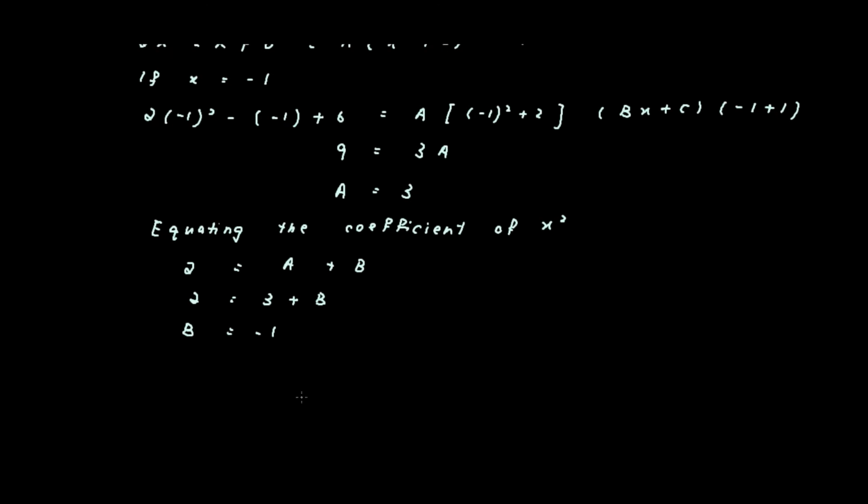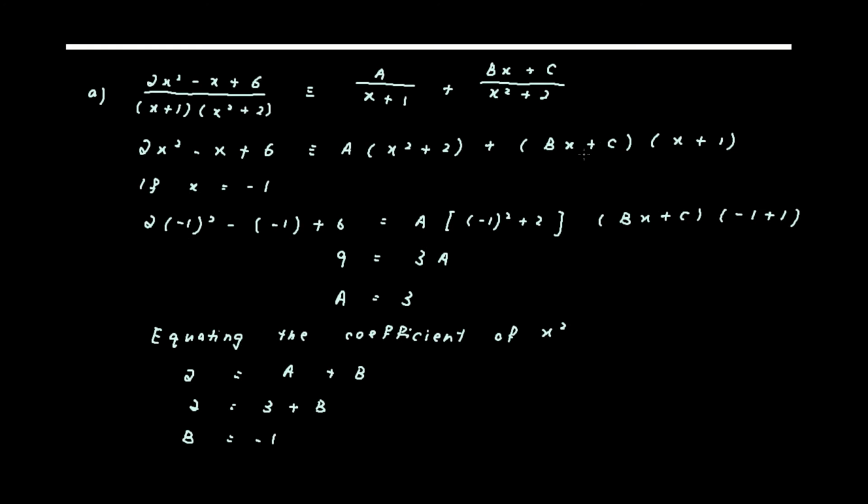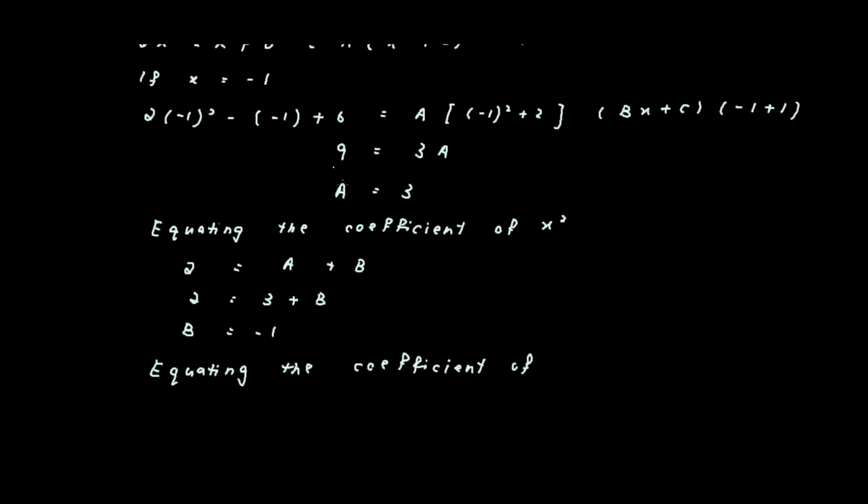So I do the same thing, so I can get the c. So equating the coefficient of, let's see, for me to find c, right? So the easier way is using the constant.